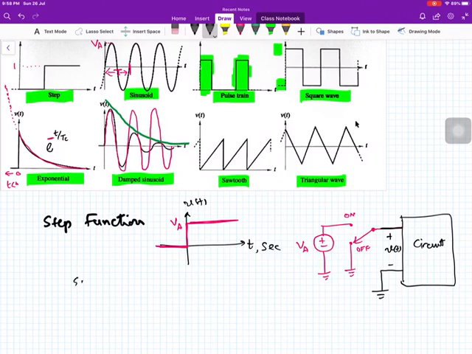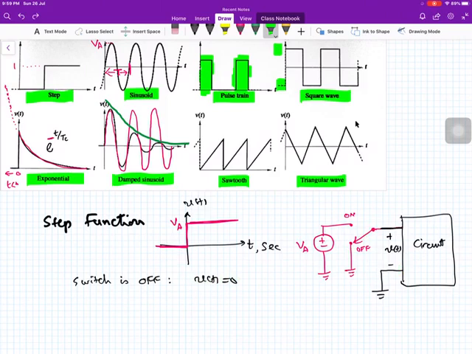So when the switch is in the off position, v(t) is equal to 0. The negative side is connected to ground and the positive side over here is connected to ground. Therefore, v(t) is equal to 0.